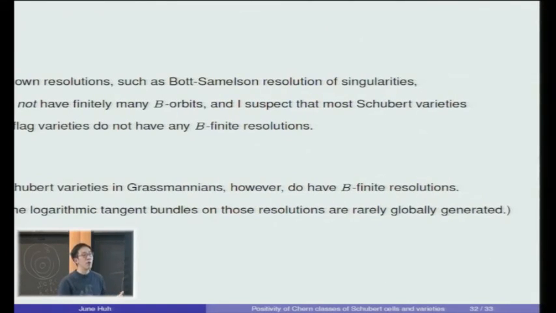In fact, they are resolved by Schubert varieties in some partial flag varieties which have finitely many B orbits. And that shows our previous statement on the effectivity and this reduced and irreducible representative for Chern classes.